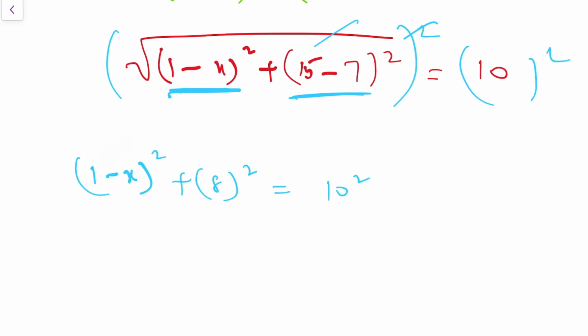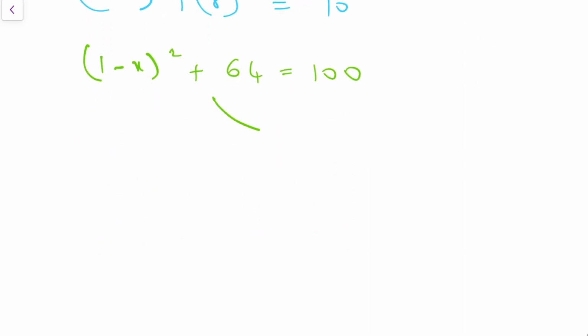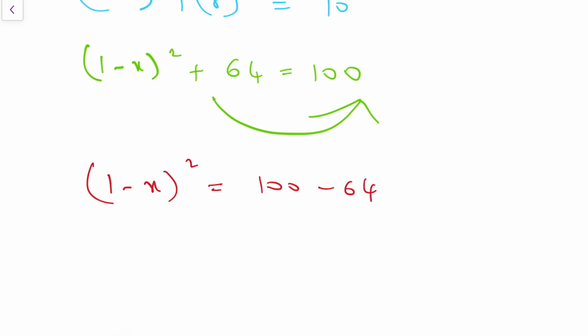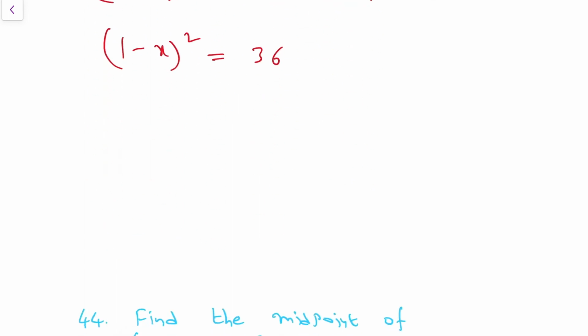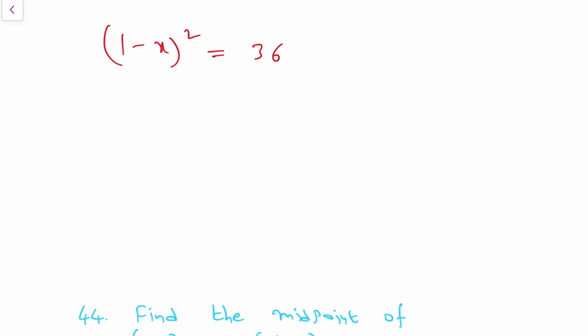If we simplify this further, 1 minus x whole square plus 8 square, 64, equals 10 square, 100. Take this plus 64 to the right side, then it becomes minus 64. So 1 minus x whole square equals 100 minus 64, 36. 1 minus x whole square is 36.